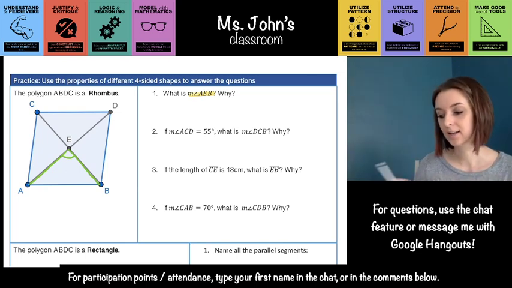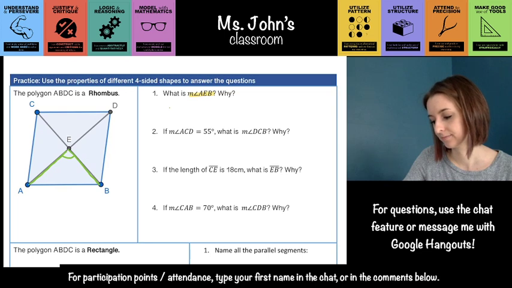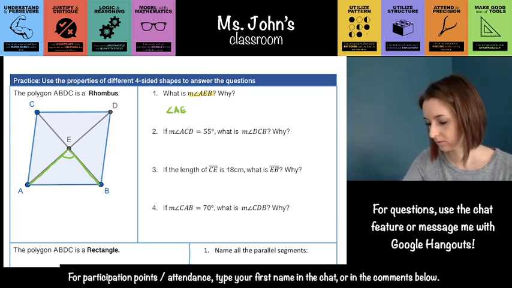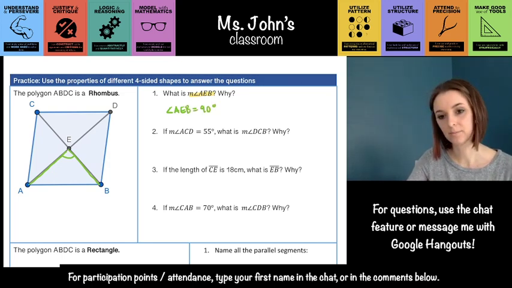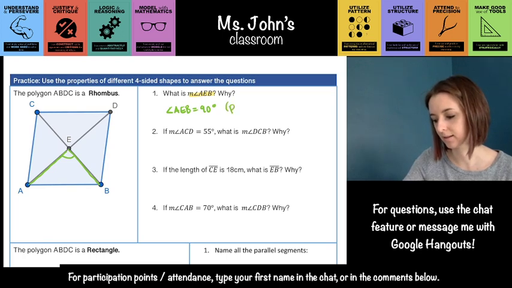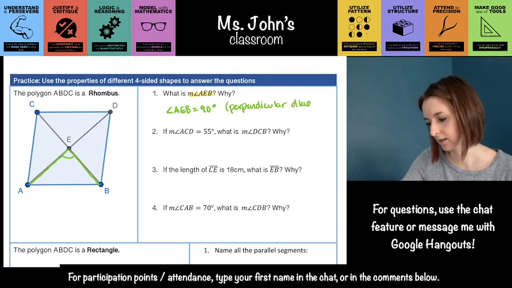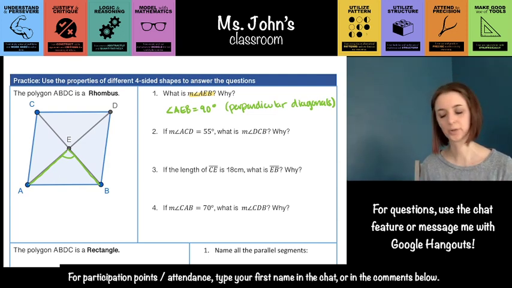So the measure of angle AEB is 90 degrees. Has to be, because they are perpendicular. I'm just going to write perpendicular diagonals. Pretty good.